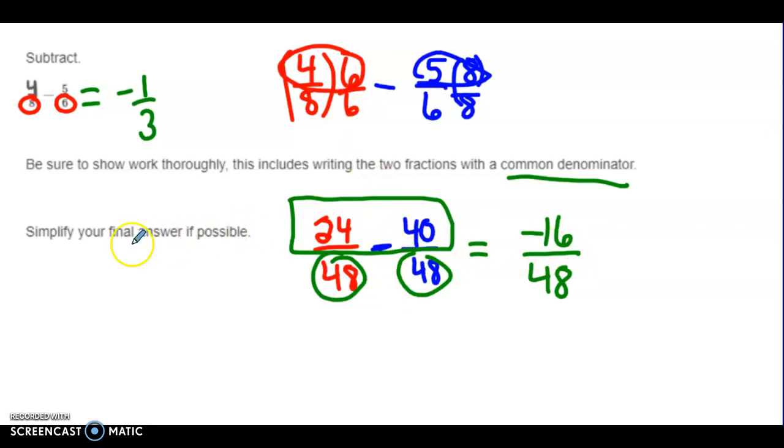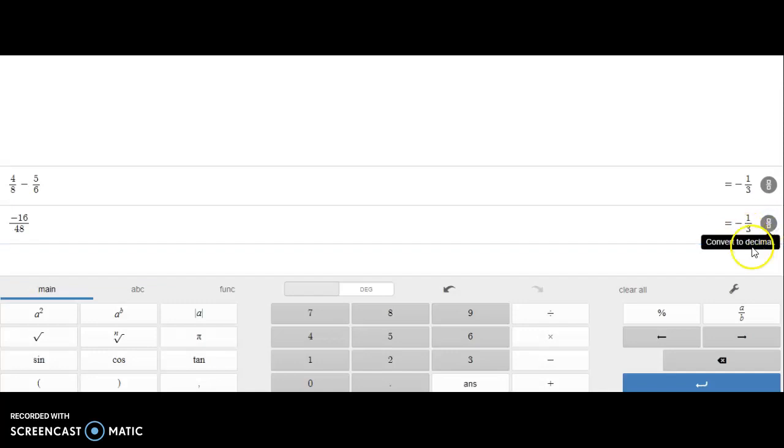But it says simplify your answer if possible. Negative 16 over 48 is not in simplest form. The cool thing though is that you can get it in simplest form simply by typing it in your calculator. As you can see, when you type that in your calculator, you do get negative 1/3, which is what we knew the answer had to be all along.